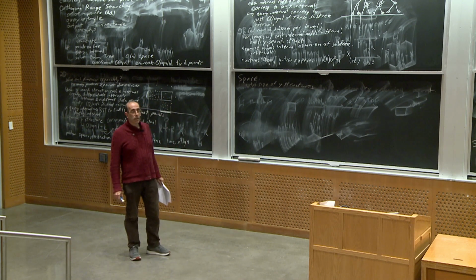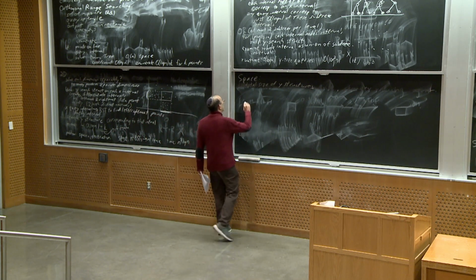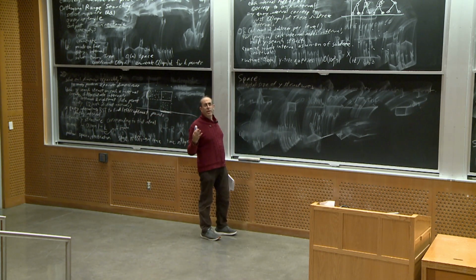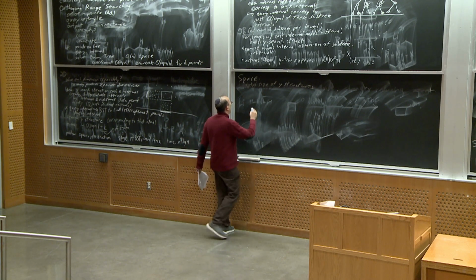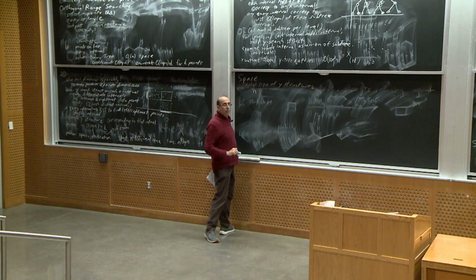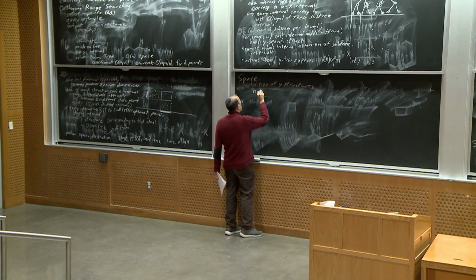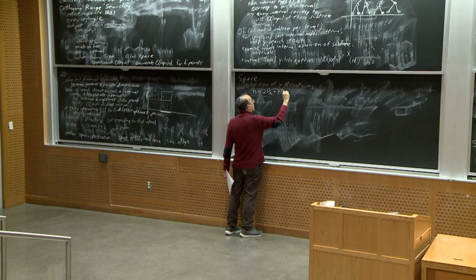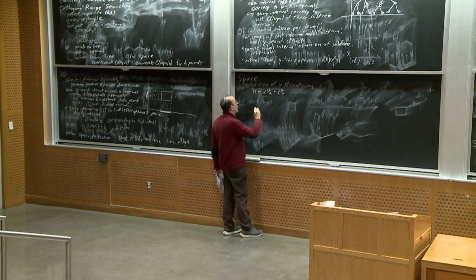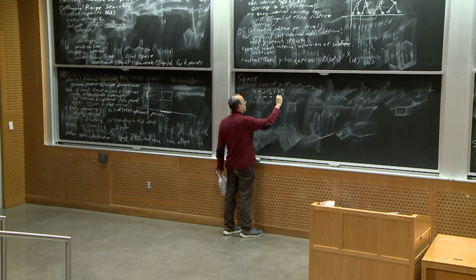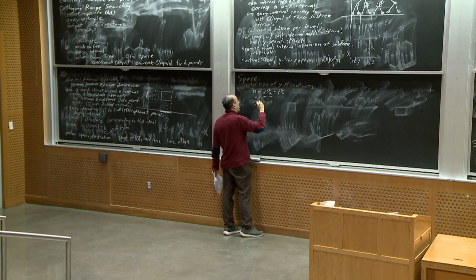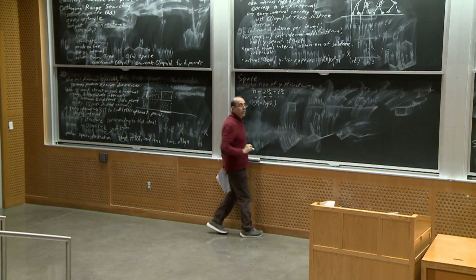Because the first row was size n, and the second row was two trees of size n over 2, and so on. So again, if we made the X search tree perfectly balanced, then we would have one Y search tree of size n for the whole tree, plus 2 of size n over 2, plus 4 of size n over 4, and so on, which gives us order n log n.